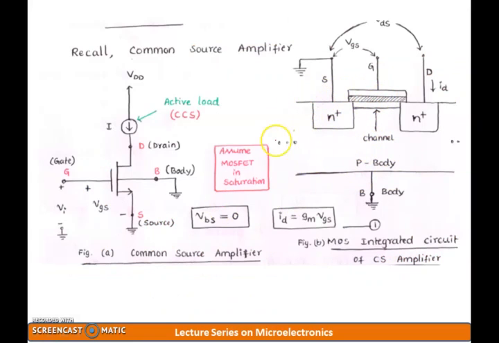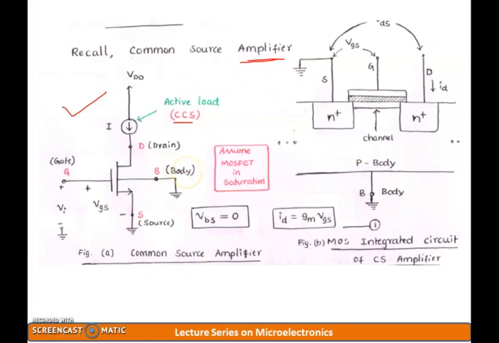Now to begin with the common gate amplifier configuration, recall the common source amplifier configuration which has been shown here. This is a simple common source amplifier configuration, and this is my active load, which is basically a constant current source. In all the cases I need to assume that the MOSFET is in saturation, because since I am dealing with an amplifier, I should ensure that the device is in the saturation region.